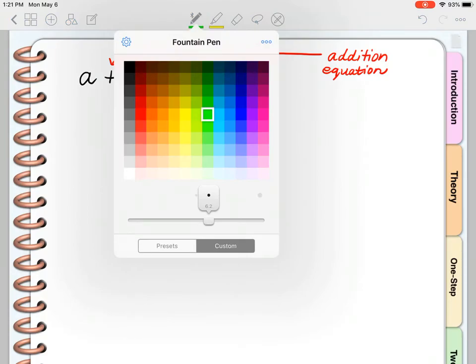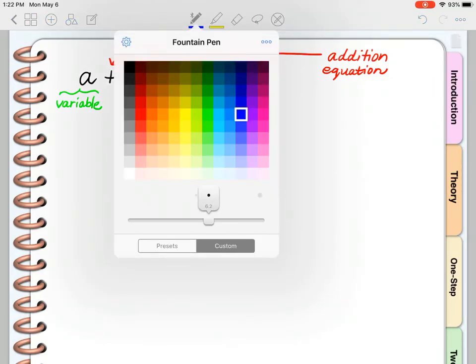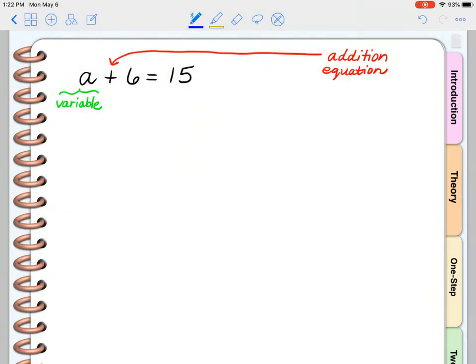Okay, let's look at this letter A. It is called a variable. And do you remember what the 6 and the 15 would be called? Or the plus 6? That is a constant.